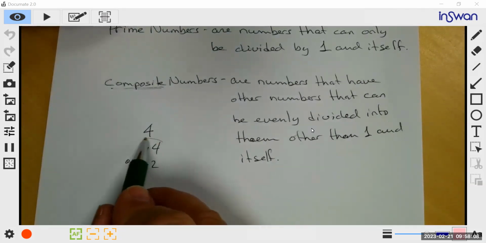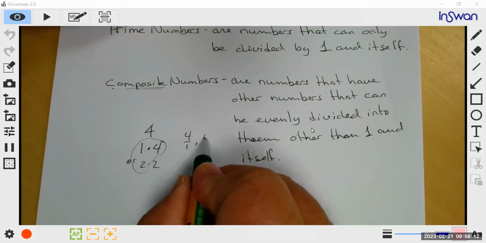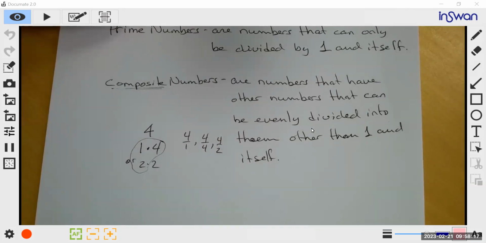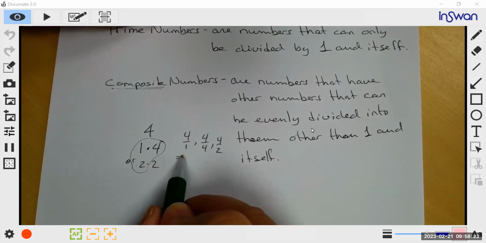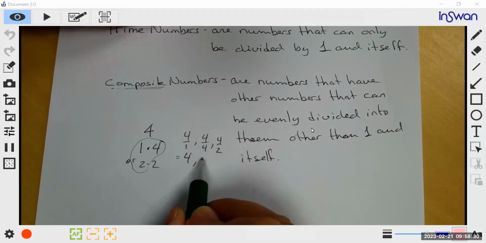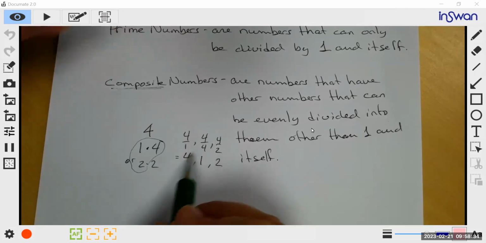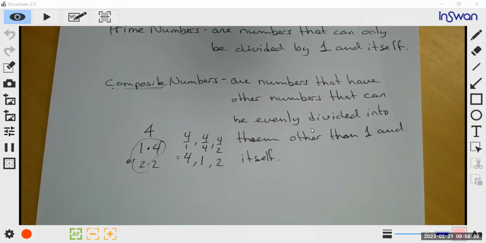In other words, these numbers, 1, 4, and 2, if I divide 4 by them, do they equal an integer? 4 divided by 1 is what? 4. 4 divided by 4. 4 divided by 2. Yeah. See, so we have other divisors that go into those numbers. Those are composite numbers.